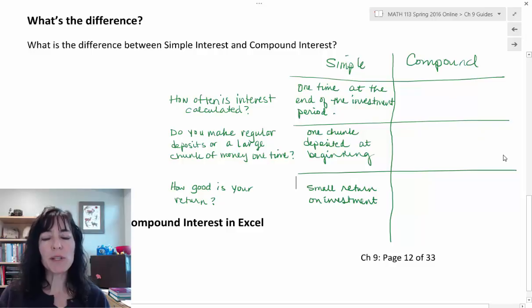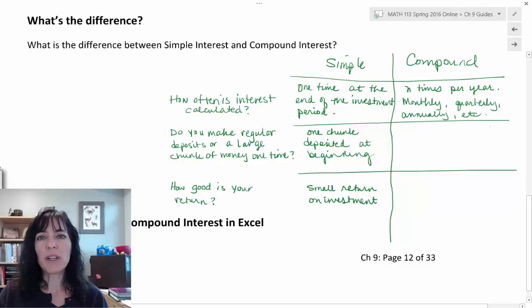And with compound interest, it's a little bit different, remember. Here we'll do n times per year, and that could be monthly, quarterly, annually, etc. But however number of times we say we're compounding in a year, it's that times the number of years that will compound over the life of the deposit that you make.